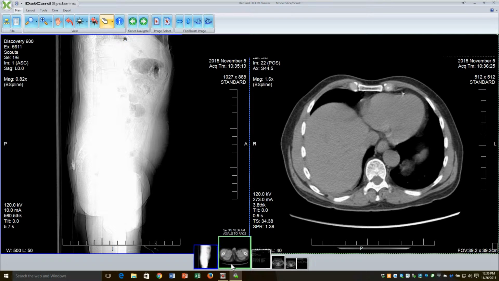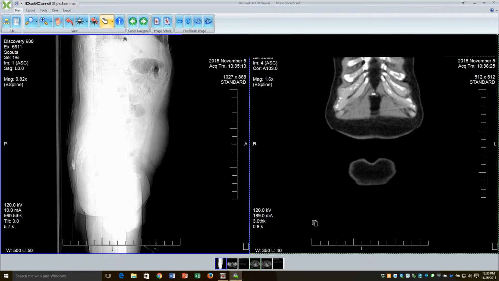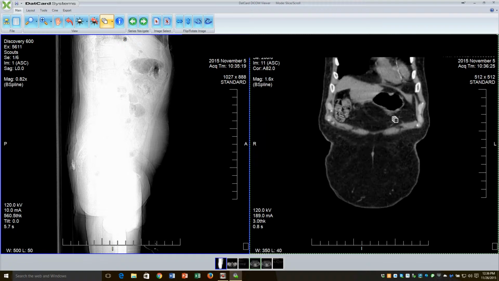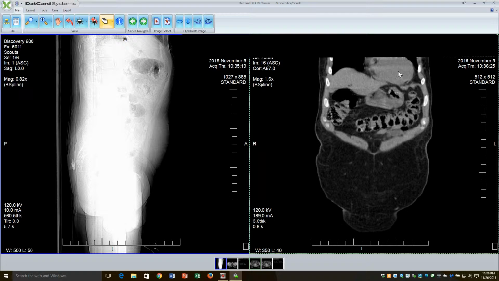So let's take a look at another view here. Here we're looking at a coronal view. Here's the calcifications in the heart, in the coronary vessels. This looks like it's in the left anterior descending, so he's at risk for heart disease here.